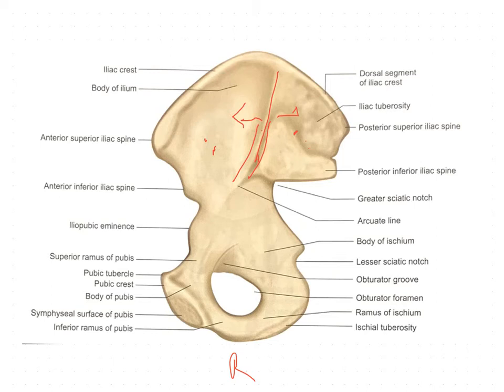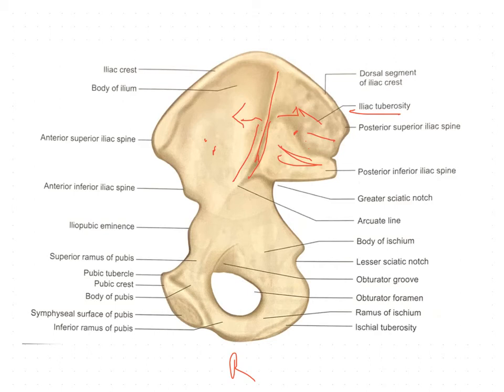One is the iliac tuberosity. This one is the iliac tuberosity, and this part is again divided into the auricular surface and the pelvic surface. This is called the auricular surface.